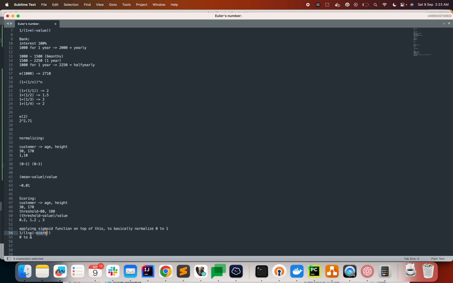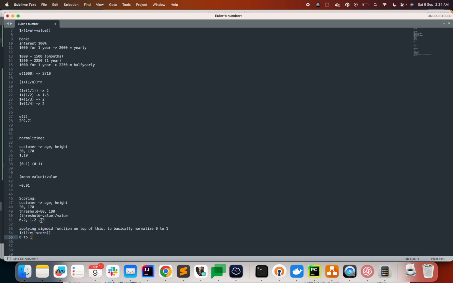How? Because the score can be 3 or 10, anything, right? We are putting it as minus. So this is like e, right? So 1 plus, let's say this is 3, the corner case. So e to the power of 3, 2.71 squared is around 7, so it will be around 10 or so. So it is 1 divided by a big value, which is like 0 point something.